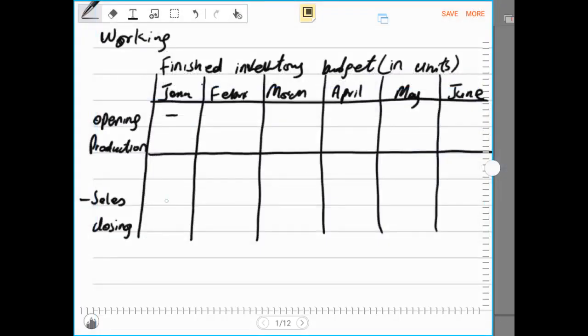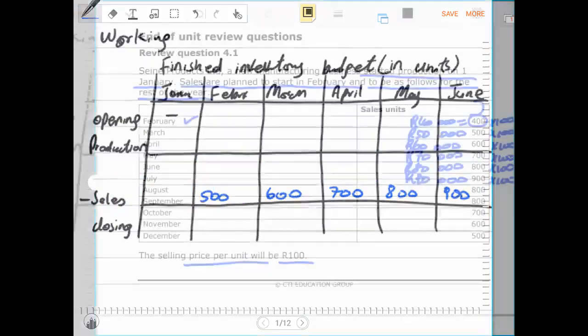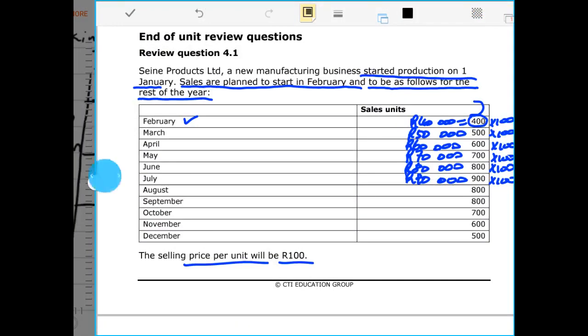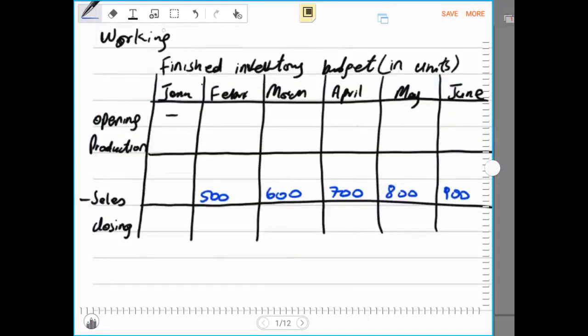So now our sales go as follows: you start from 400, not from 500. So 400, 500, 600, 700, and 800. The last one will be 900.